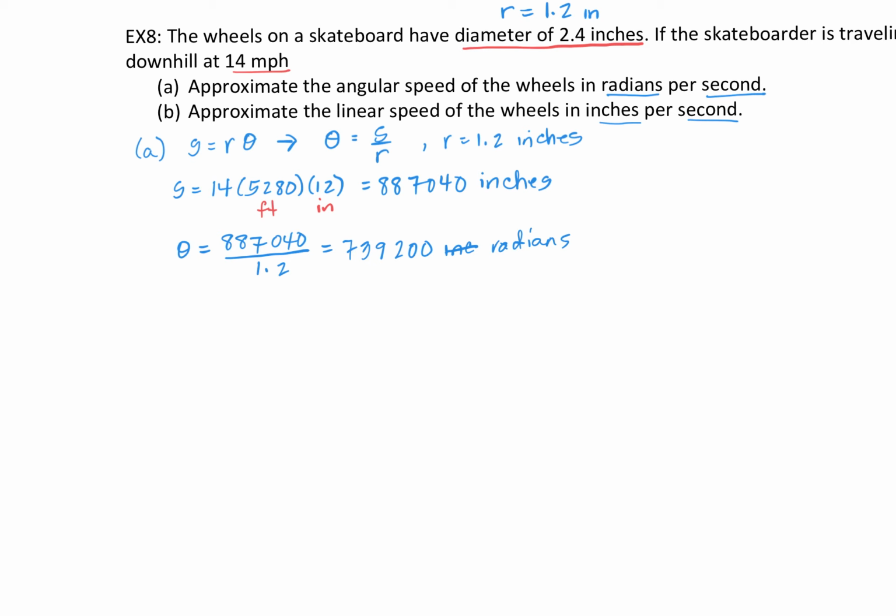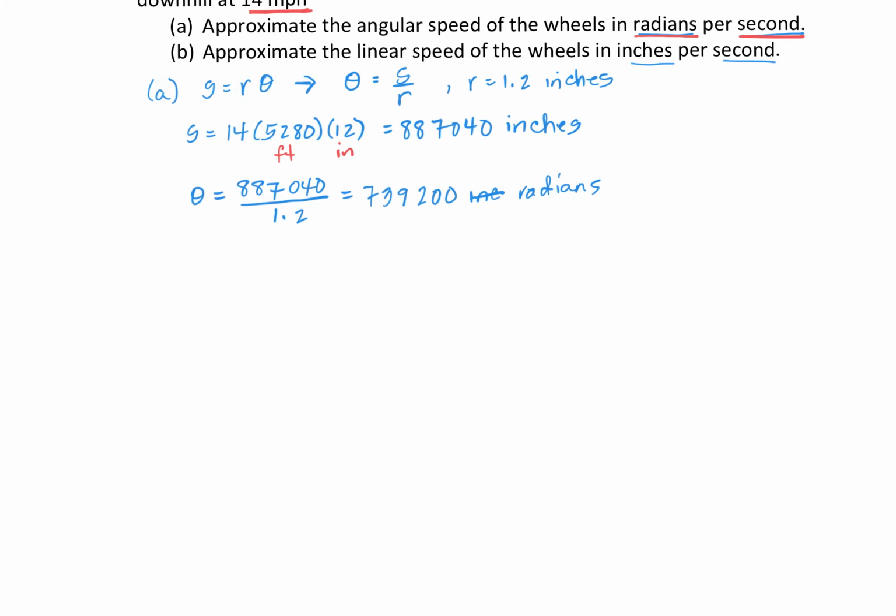Now, all I need is the correct time. Going back to question A, it says approximate the angular speed of the wheels in radians per second. So we have theta in radians, and this is miles per hour. So we have to go from hours to seconds.